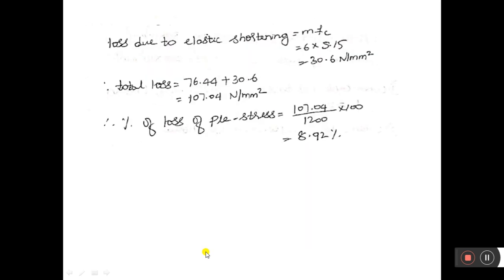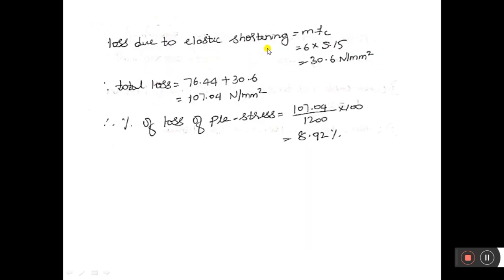Therefore in the next step, substituting the values of F naught, A, E and I, we will get Fc is equal to 5.15 Newton per mm square. So the compressive stress developed in the concrete with respect to the CG of the top steel is 5.15 Newton per mm square.